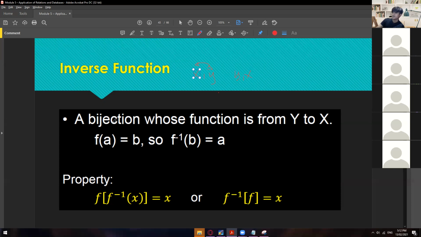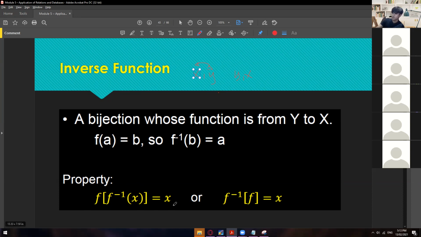If you take a look at this example, a bijection whose function is from y to x, meaning your f of a is equal to b, will become f inverse of b is equal to a. As you can see, this one now is the inverse function of this original function.